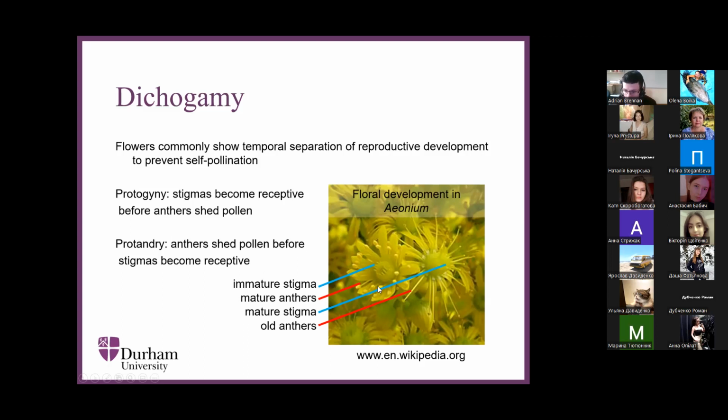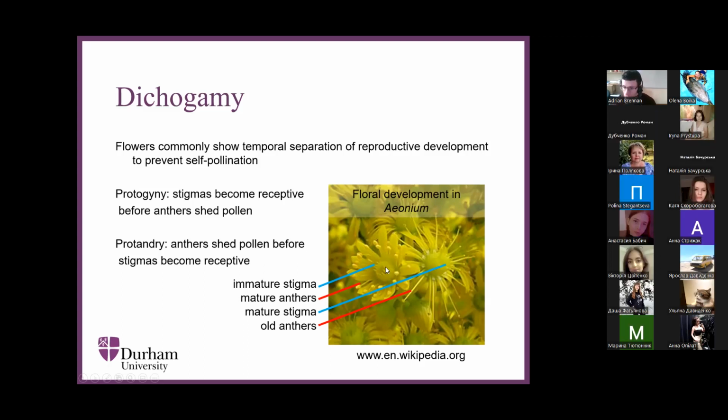We can see here in the image an example of an aeonium with two flowers of different ages. The younger flower is showing protandry: the stamens are receptive, they're releasing their pollen, they're pointing forwards. The female reproductive part is still immature and all closed up, so it's resisting being pollinated here.